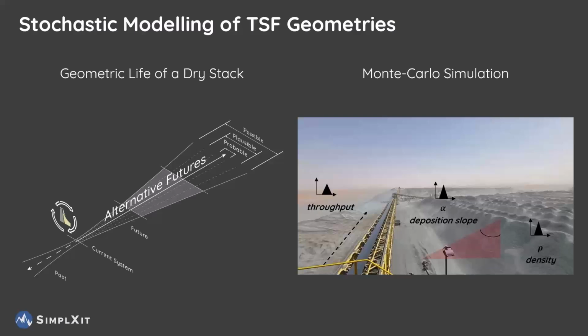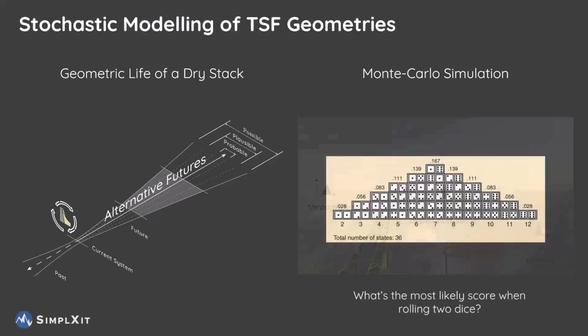This is where Monte Carlo simulations come into play. Basically, what we do in a Monte Carlo simulation is replace deterministic fixed variables with distributions. In very basic terms, it's a little bit like trying to estimate the most likely score when you roll two dice.